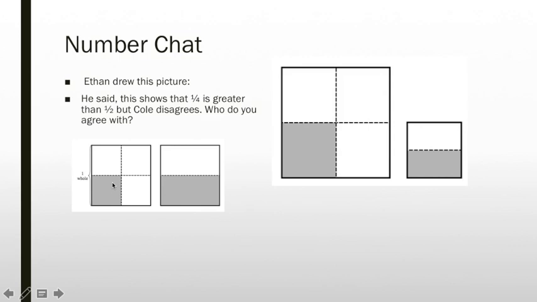Now, thinking of that, I want you to think about, okay, well then how could we record those comparisons that Cole is telling us? How could we compare the fractions 1/4 and 1/2? I'm going to give you a second to think about that. Think about maybe some symbols that we could use or words that we could use to compare those two fractions.